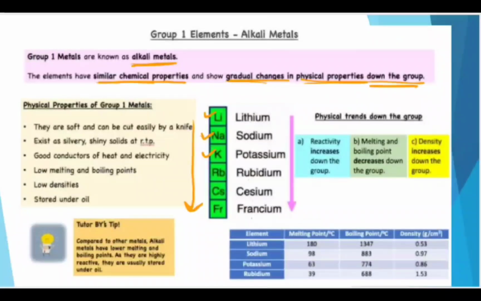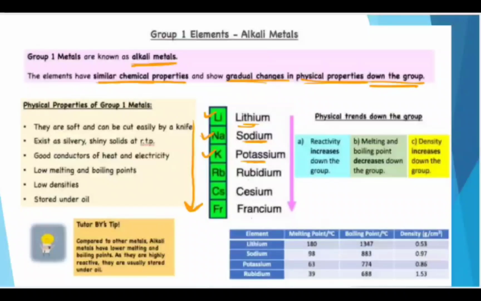So potassium can easily be cut by a knife. Sodium is a little harder than potassium, and lithium is the hardest. So the physical properties, hardness and all that, change as you go down.